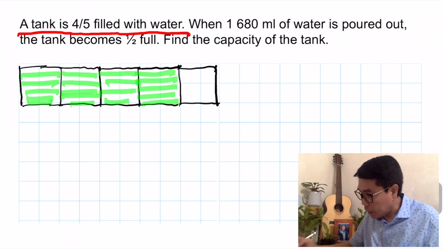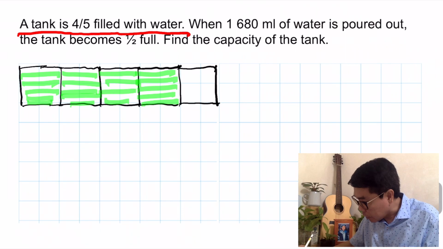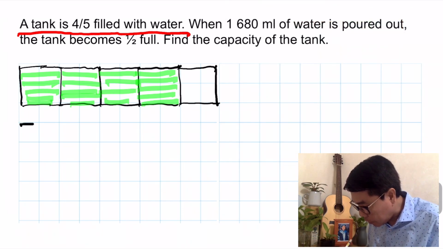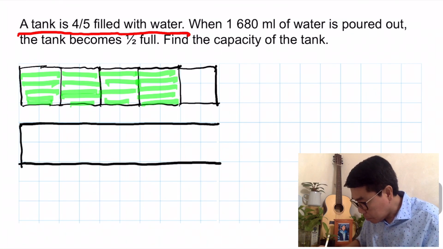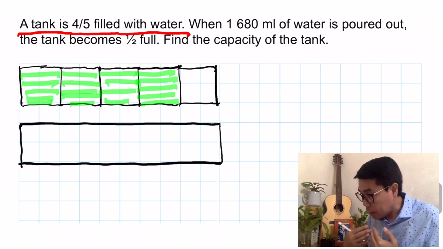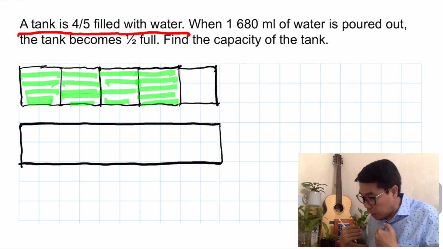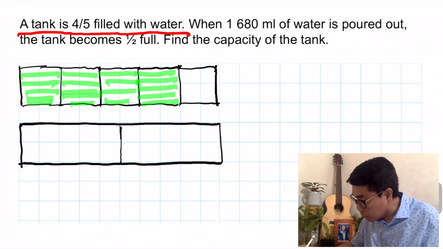Now, when 1,680 ml of water is poured out, the tank becomes 1/2 full. Okay, so let's draw another bar here. Okay, some water poured out, and what is left is half. So I'll cut this into half. Okay, so the water now is until here.